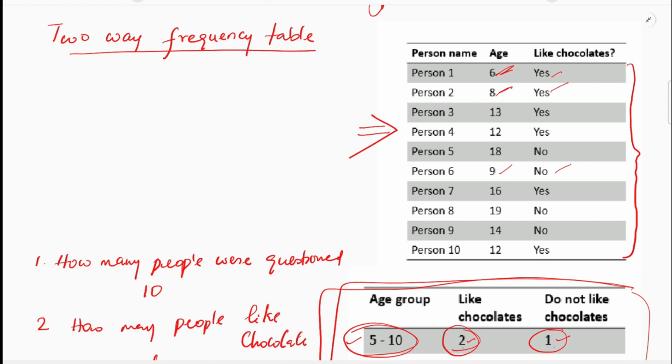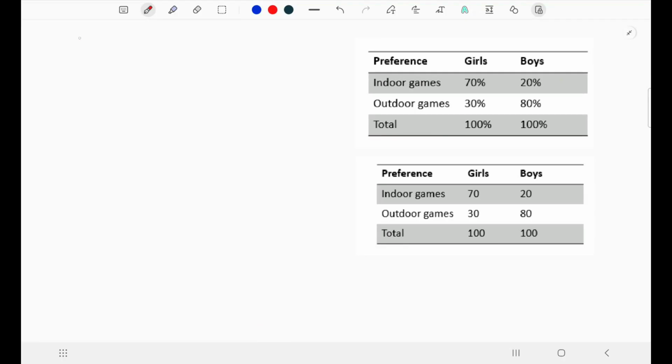Row indicates one category and column indicates another category. This is the two-way frequency table. Understand?